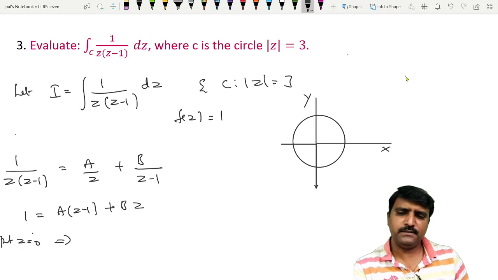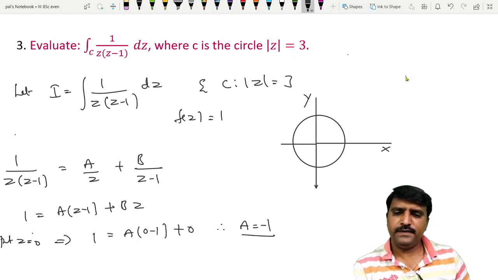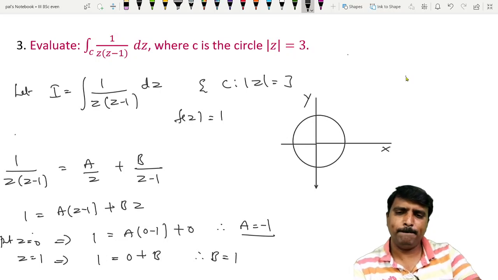What it implies? 1 is equal to a into 0 minus 1 plus 0. Therefore the value of a is minus 1. Again you take z is equal to 1, which implies 1 is equal to 1 minus 1 is 0 plus b. Therefore the value of b is 1.